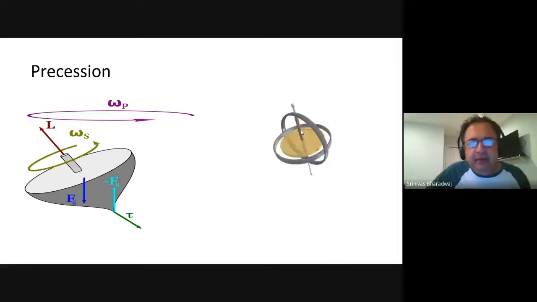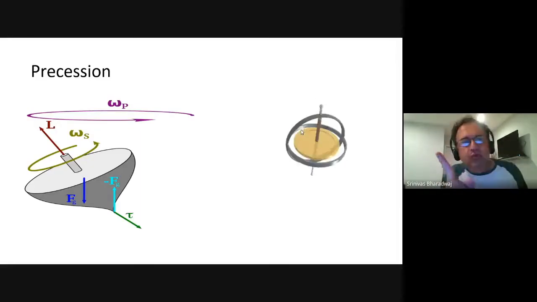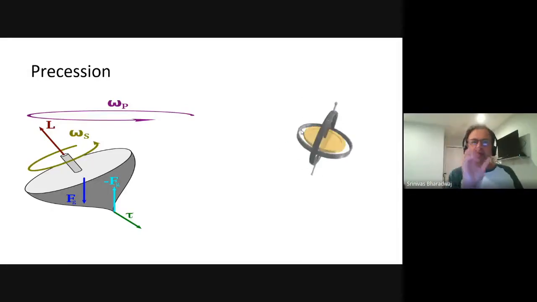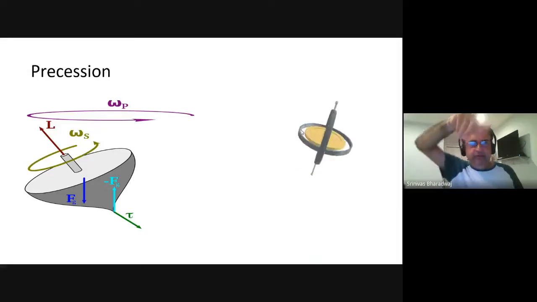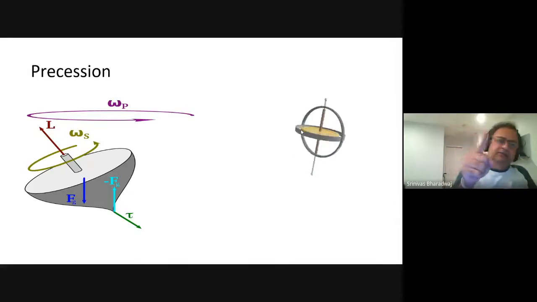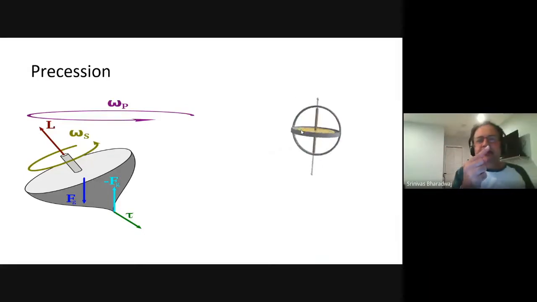But remember that now the omega is no longer like this. When something was going in a merry-go-round, the omega was like this. When the top was spinning, standing vertically and spinning, the omega was like that. Now the omega itself is spinning.